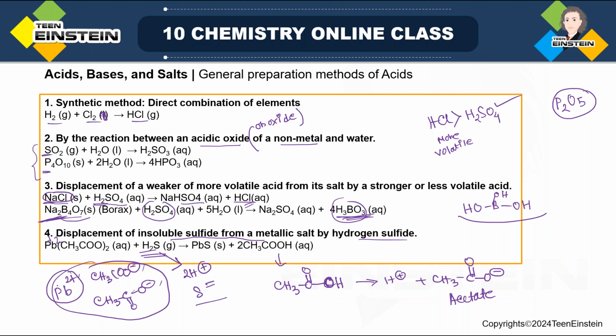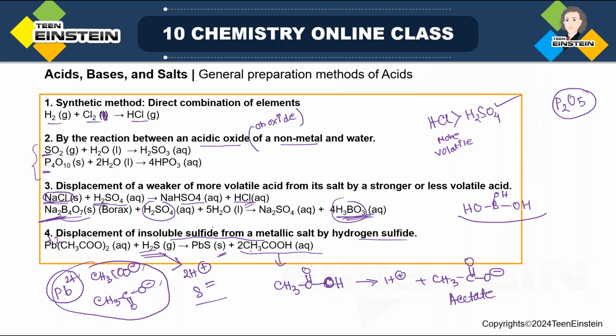and we are getting PbS. So this is the displacement of insoluble sulfide, as if we have displaced this Pb from lead acetate, and now it is connected to sulfide. And this is insoluble. Look at this. Physical state is mentioned as solid. That means it will be precipitated in the medium, and you can get the acid easily. Separation will be easier.